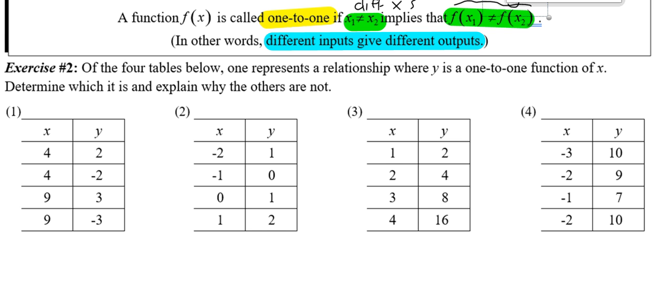When I look at number 1, I'm also checking whether they are actually functions. If you remember functions, we talked about traveling. 4 can travel to 2, but 4 can also travel to -2, and 9 can travel to 3 and also to -3. So no, this is not one-to-one, but it's also not a function.